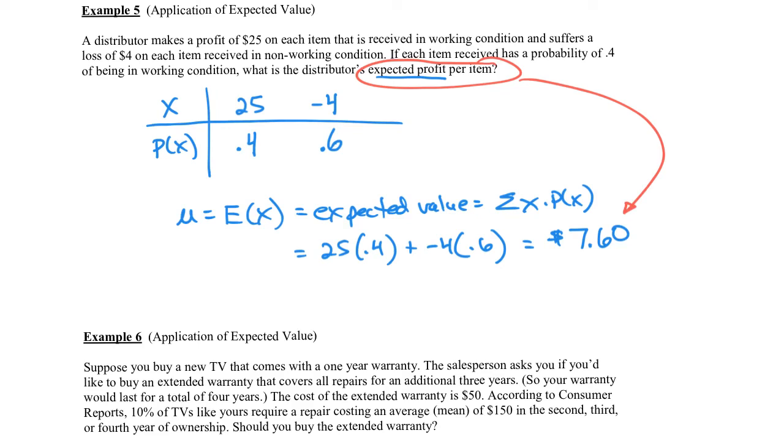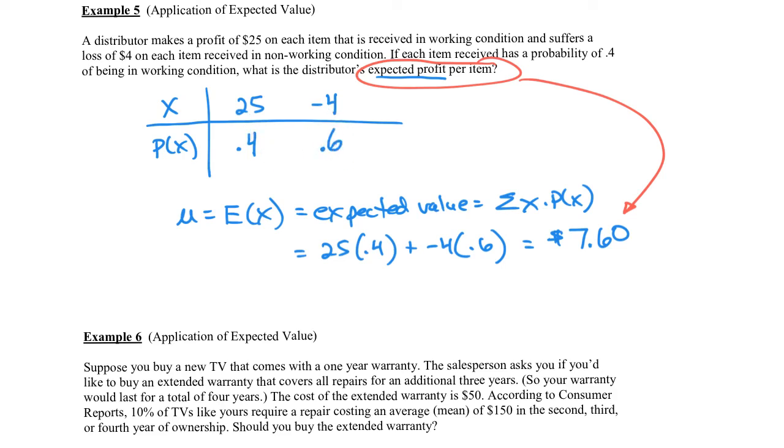Now remember, there's never going to be a profit of $7.60 on an item. These are the only two choices. But this number comes from a long-term average of 25s and negative 4s, with a little bit more negative 4s than 25s. 60% of the time it's negative 4.